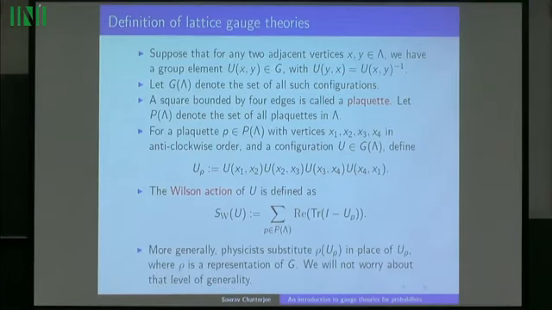More generally in physics, they have reason to substitute, instead of U_P, rho of U_P, where rho is some representation of G. So you can get a matrix of larger or smaller dimension, but we'll not worry about that. We'll just take this definition.